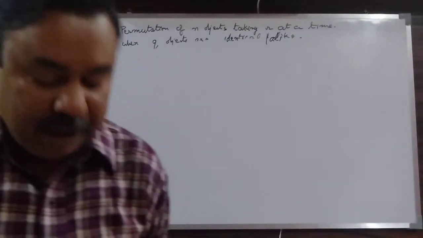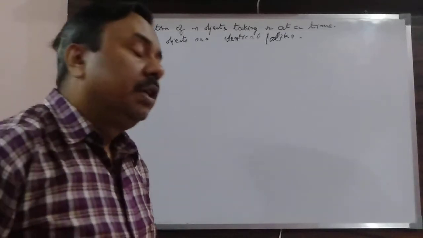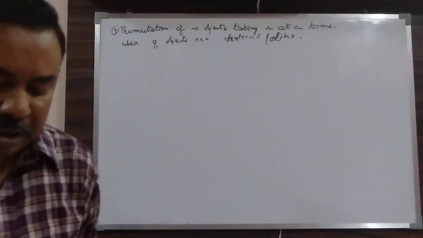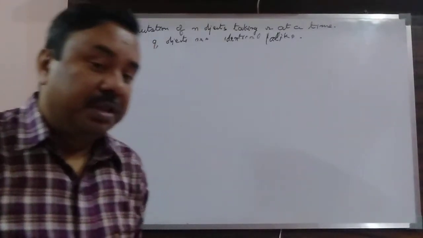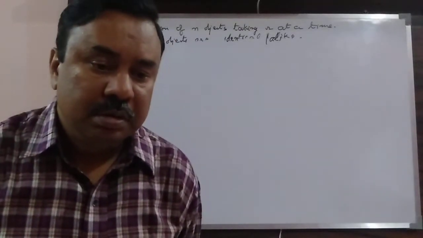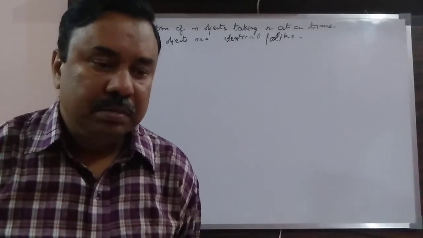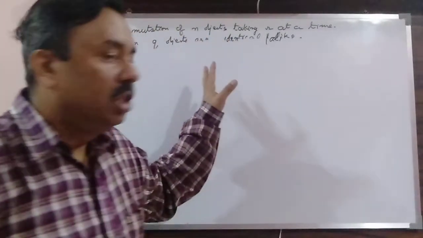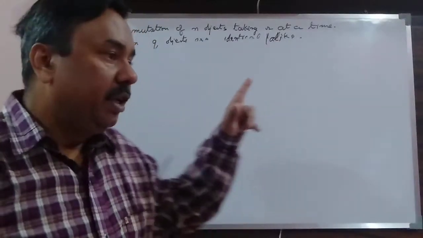So that thing I will take out the Q objects and take it as one unit. Assume it. Can I assume it? Can I do it? No. Why? Because it is not necessary that all these Q objects will be placed at one place. So it cannot be.